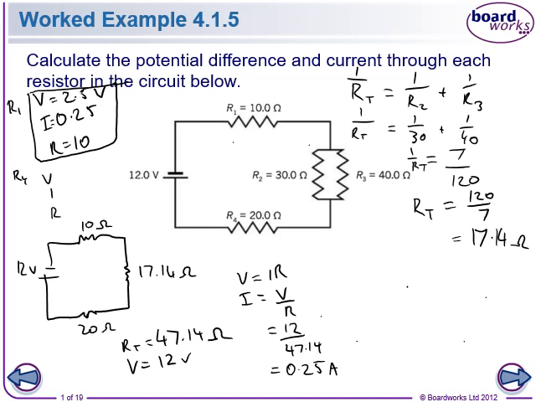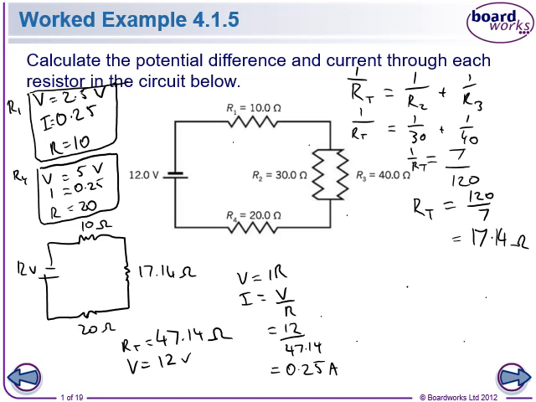V = IR. So we know I, because remember, it's the same all the way through our circuit, 0.25. We know R is 20. And so, 20 times 0.25 is going to be 5 volts. Okay. There's R4.